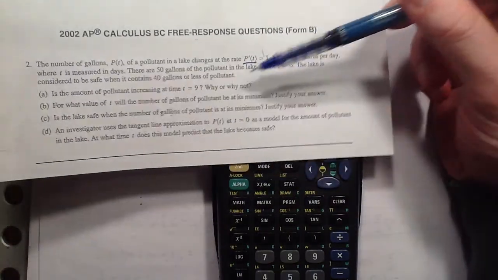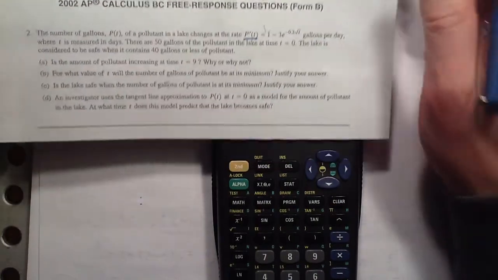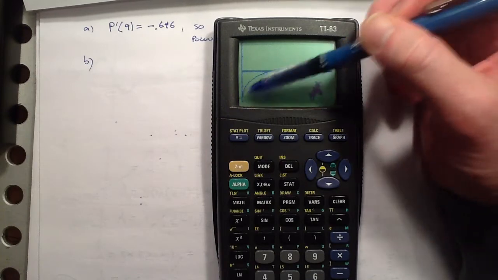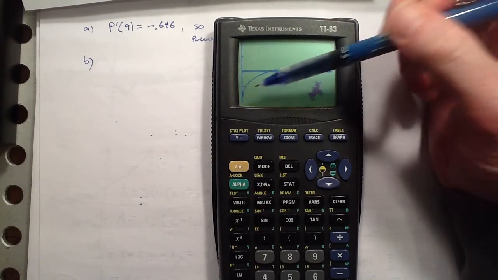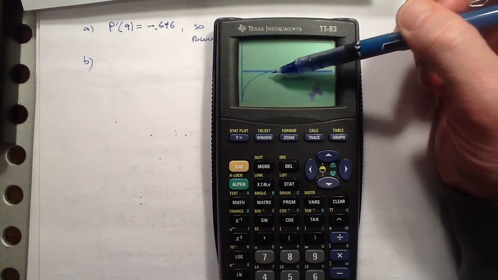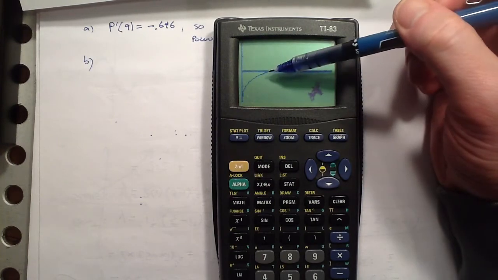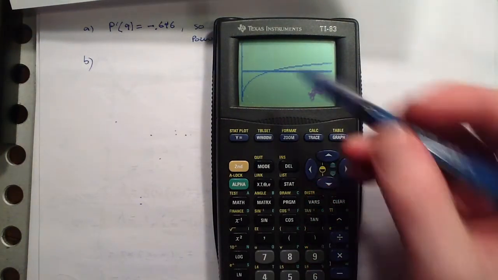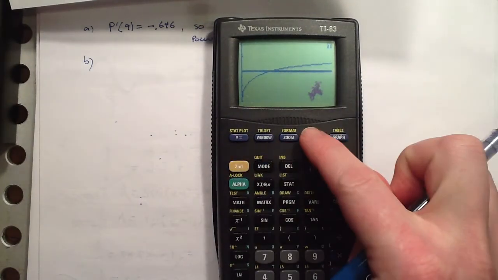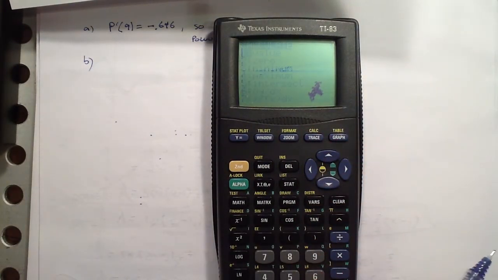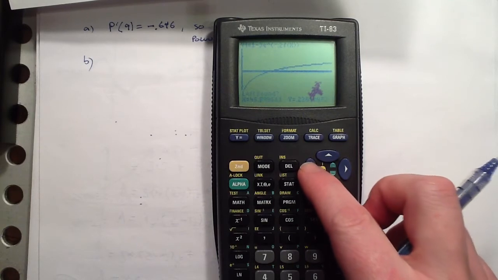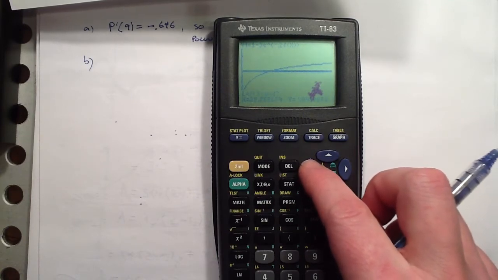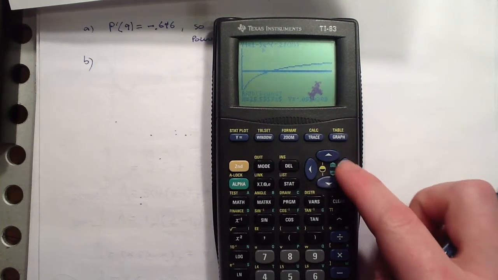This is the rate of change of pollutant. So the derivative is negative and then positive, right? So it's decreasing and then increasing. So that is the minimum value right here. So let's find that place where it crosses. I guess going out to 100 days wasn't a terrible choice.